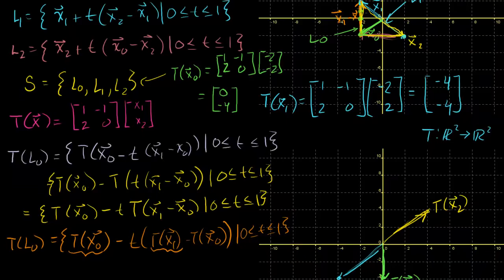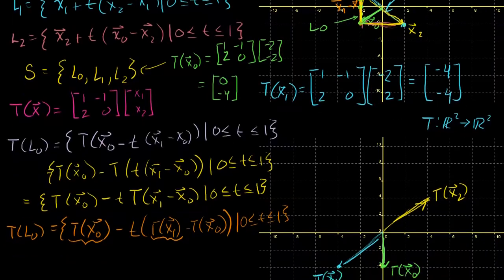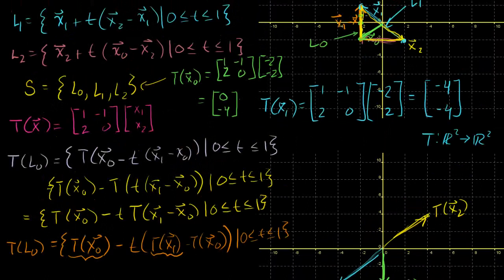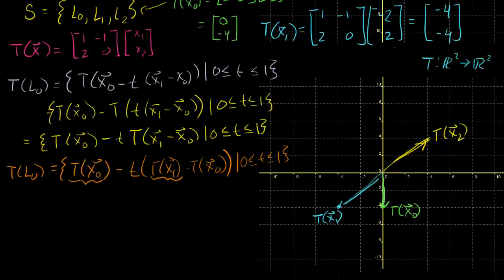When we just did L naught, using the definition of a linear transformation, we found that the transformation of this vertical line just ends up becoming the line where we start off at the transformation of x naught, that's the point specified by this vector right here, and to that, I add scaled multiples of the transformation of x1 minus the transformation of x naught.